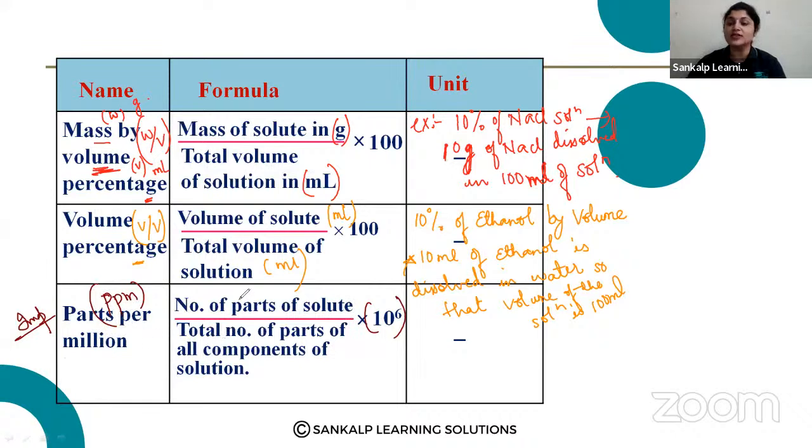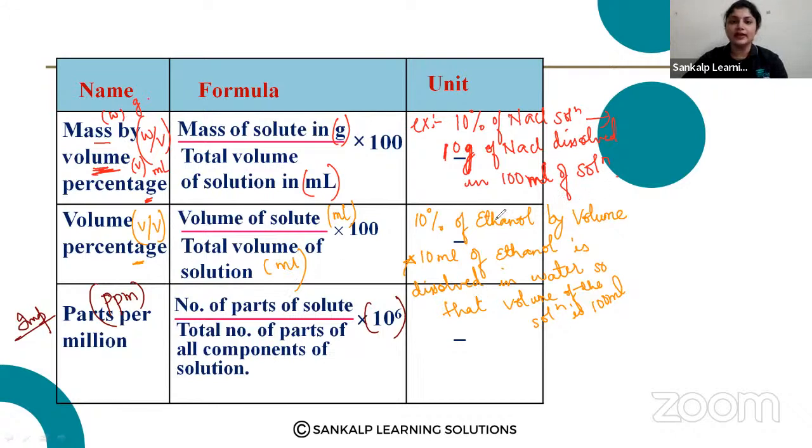For example, the concentration of pollutants in air. In air or in water there are different pollutants, so to calculate the percentage or concentration of the pollutants in water or air, we express it in terms of ppm. Why?